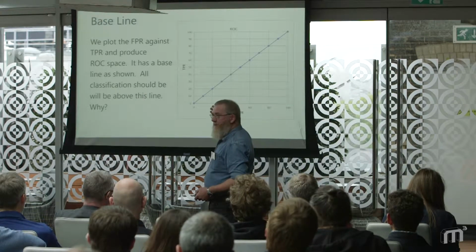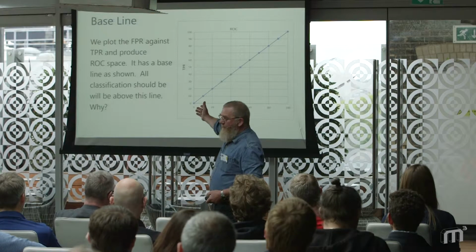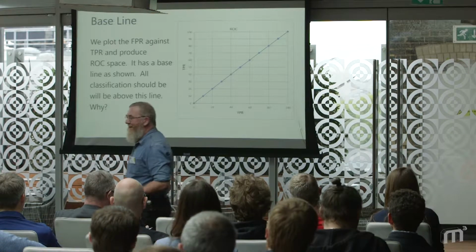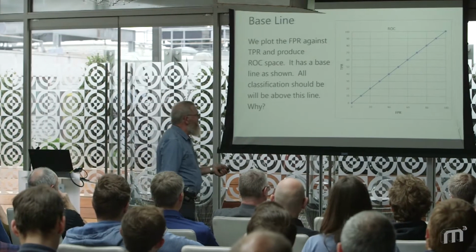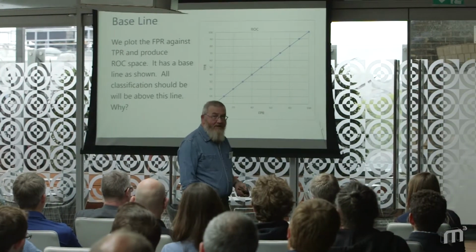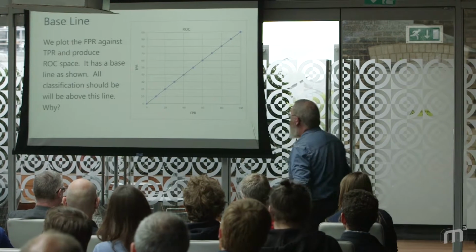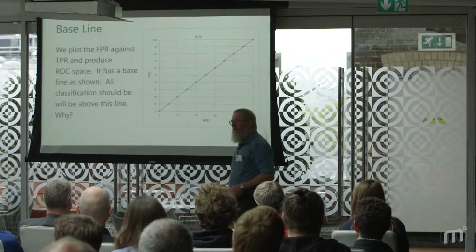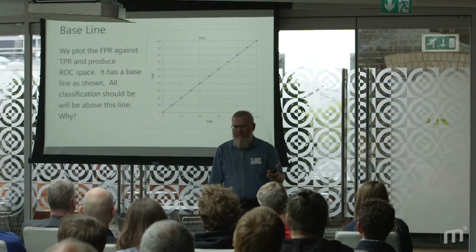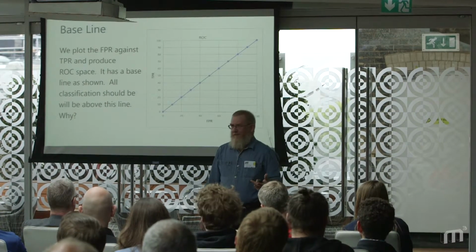Okay, this is not a ROC curve. You're not getting away that easily. You're going to have to work for this. But this is gloriously called ROC space, in which we can plot ROC curves. So this is ROC space, and it's plotting FPR, which stands for, I can't remember. Thank you very much.